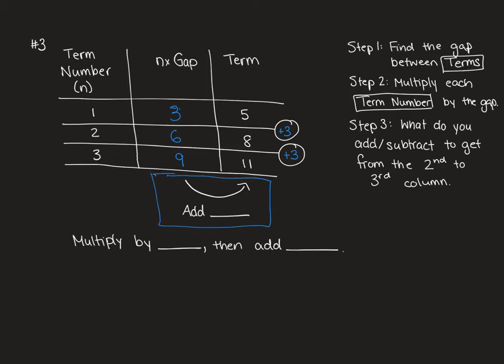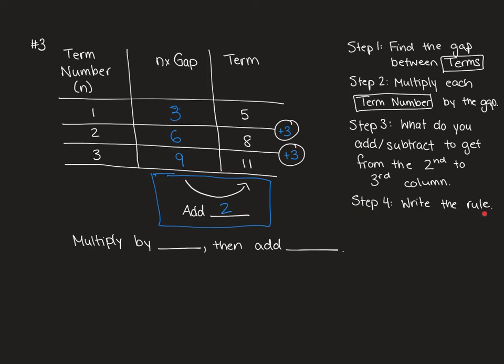When you fill in this blank here, you're filling out what do you need to add to get from this column to this column. So what they're asking is, what do you need to do to get from 3 to 5? Well, you need to add 2. And they've already said add, so you can just write 2. What do you do to get from 6 to 8? You add 2. 9 to 11, you add 2. So that's what this little thing on the bottom here means.